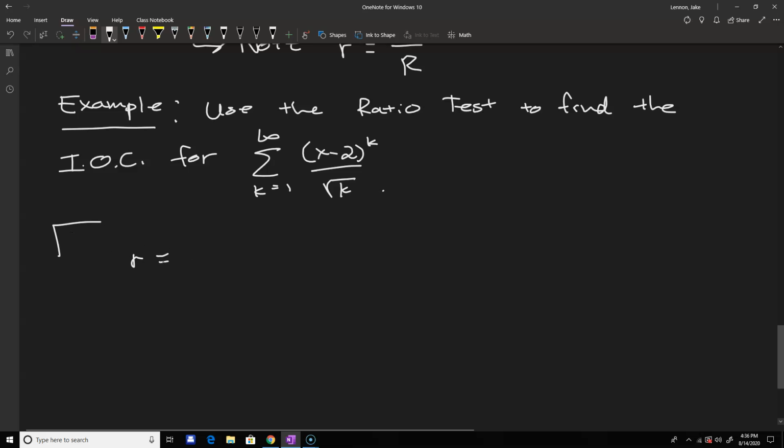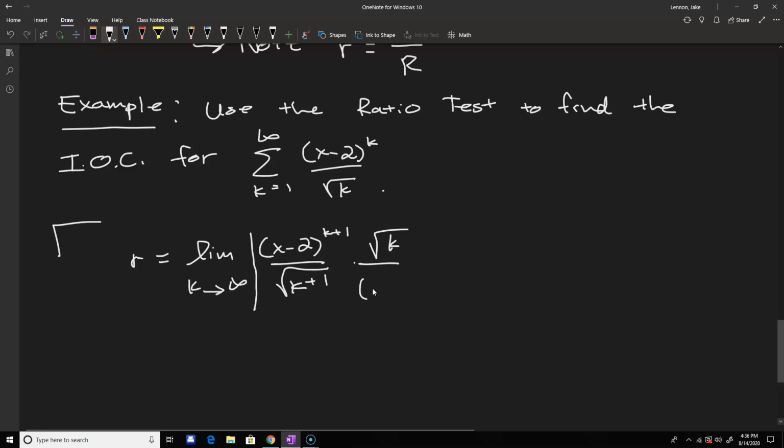So our little r is equal to the limit as k goes to infinity of x minus 2 to the k plus 1 over the square root of k plus 1 times, and actually all these things are in absolute values. I'm often a bit lazy about that if it doesn't look like it's going to be too pertinent.